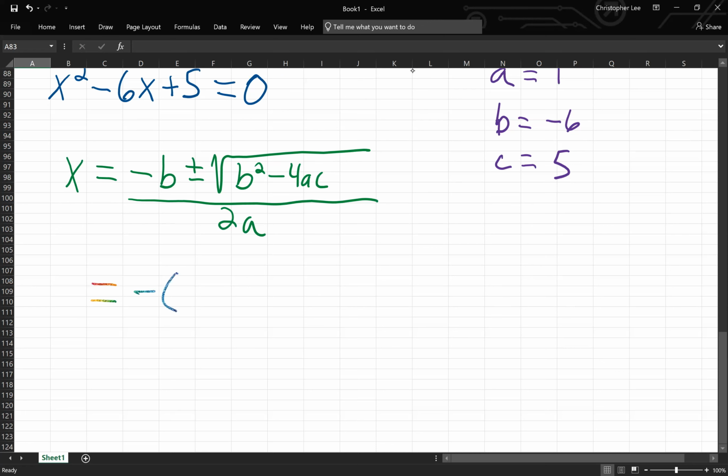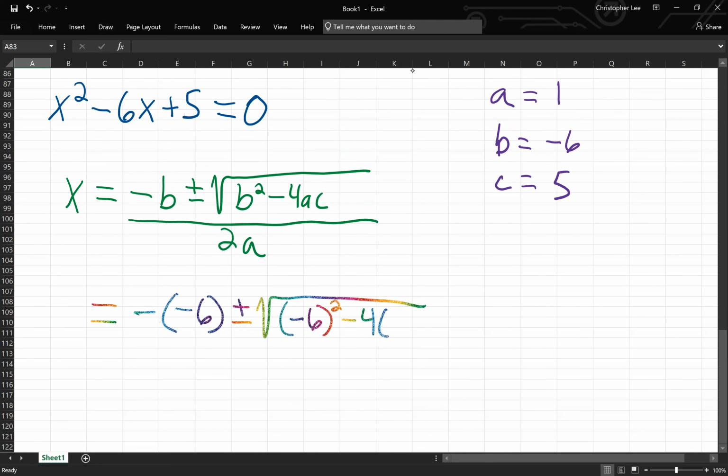So I got negative, so what's my b? -6 plus or minus the square root, right? What's my b squared? -6 squared minus 4 times a. Hold on, I forgot what a was. 1 times c, which is 5, all divided by 2 times a, which is 1, right?